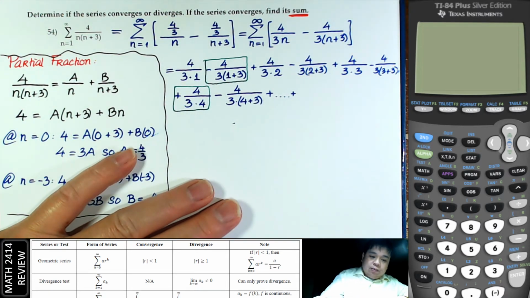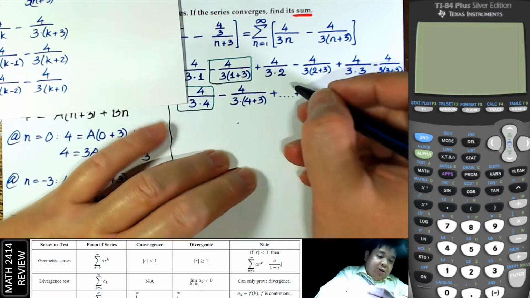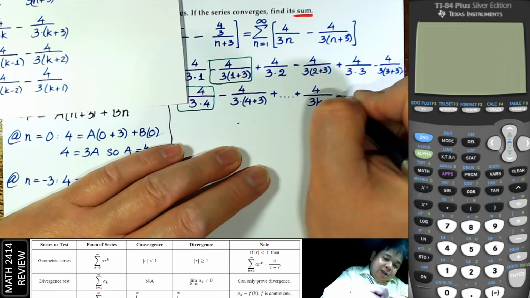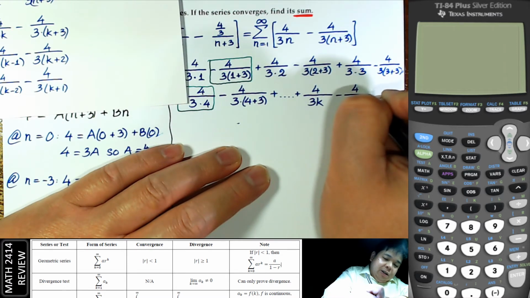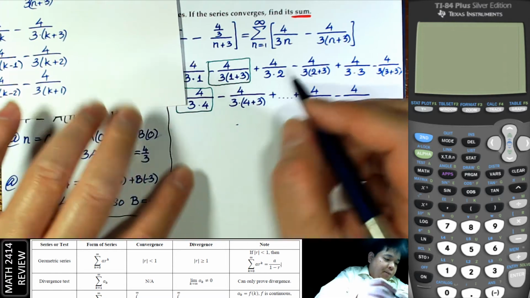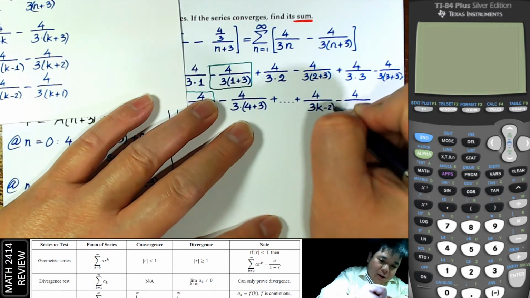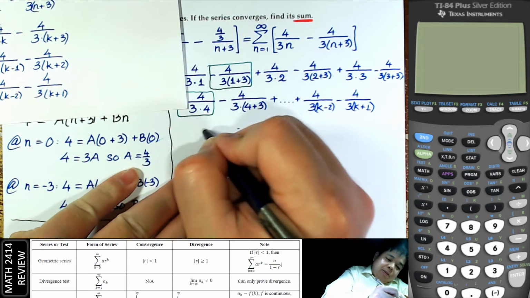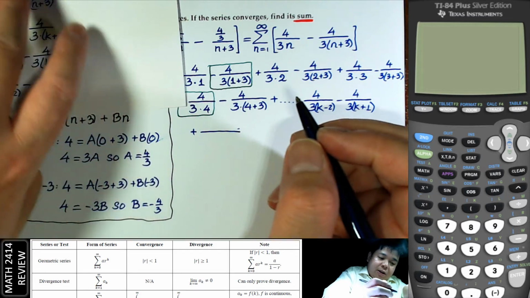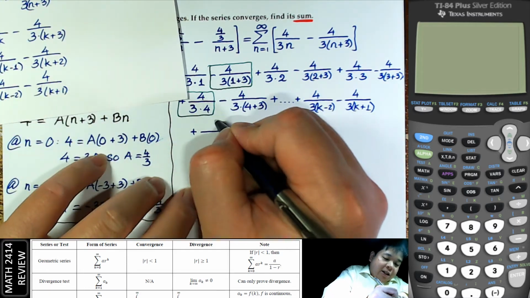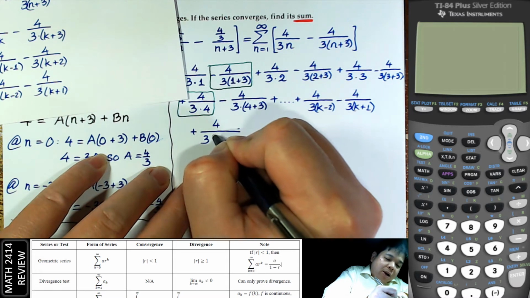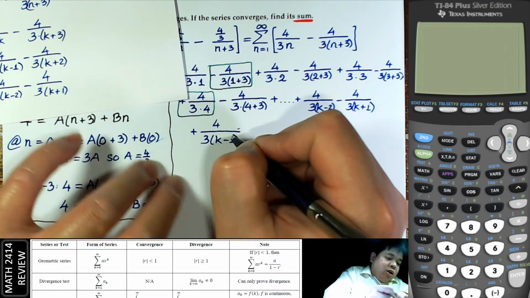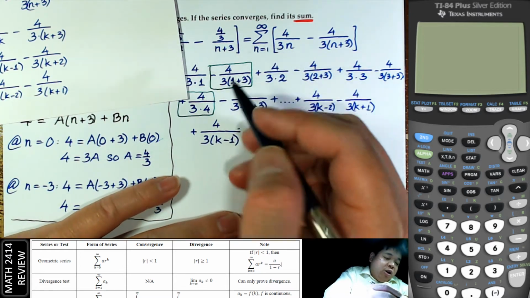So I'm going to write that we're going to have up to k, starting from here, k minus 2, 3k plus 1, plus then that. So we just have to stop at a number. I use k because originally we have n already.